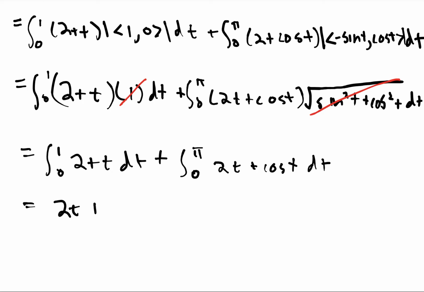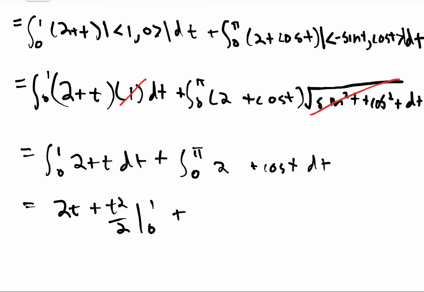I'll get 2t plus t squared over 2 evaluated between 0 and 1 for this first integral. I will get, oops, sorry about this. I just noticed a minor error here. I copied myself an extra t where I didn't need one. I was wondering why this looked a little bit strange. Sorry about that mistake there, guys.